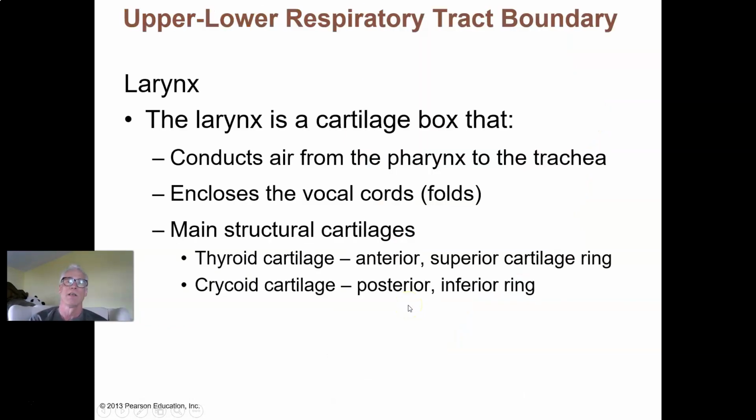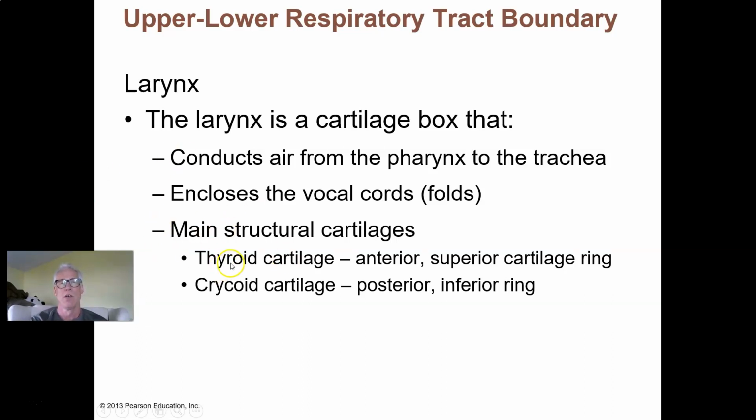The larynx is like a stiff cartilage box that provides a housing, a structure for the vocal cords that we use for a number of purposes, the most familiar of which is probably producing the sounds of speech with a little help from various muscles, the tongue and the lips and so forth. It's mainly constructed of 2 large hyaline cartilage rings.